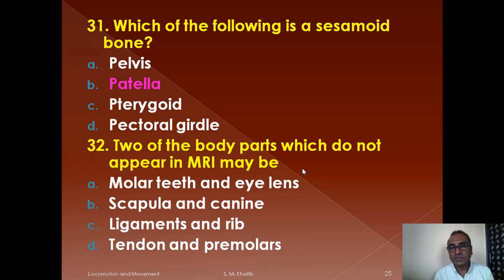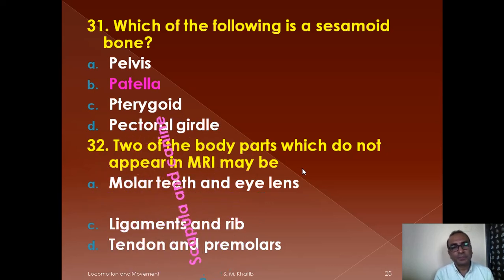So these two parts will not appear. So that's why B will be the right answer. Whereas in C and D, you see that at least one is a soft tissue which can be visualized by MRI scanning. Okay, so B is the right answer here.